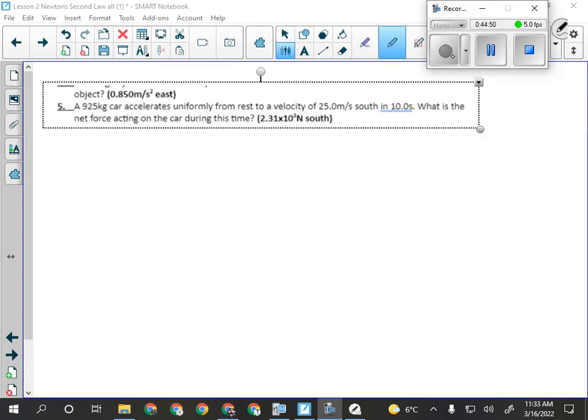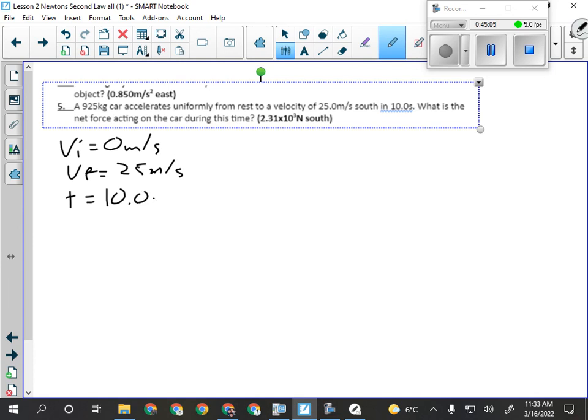So if we're looking at number 5, all there is to it is that we have to do an acceleration calculation first. They tell us VI is 0 meters per second, VF is 25 meters per second, these are all south, and the time is 10.0 seconds. So I just have to go a equals 25 minus 0 over 10, so I get that the acceleration is 2.5 meters per second squared south.